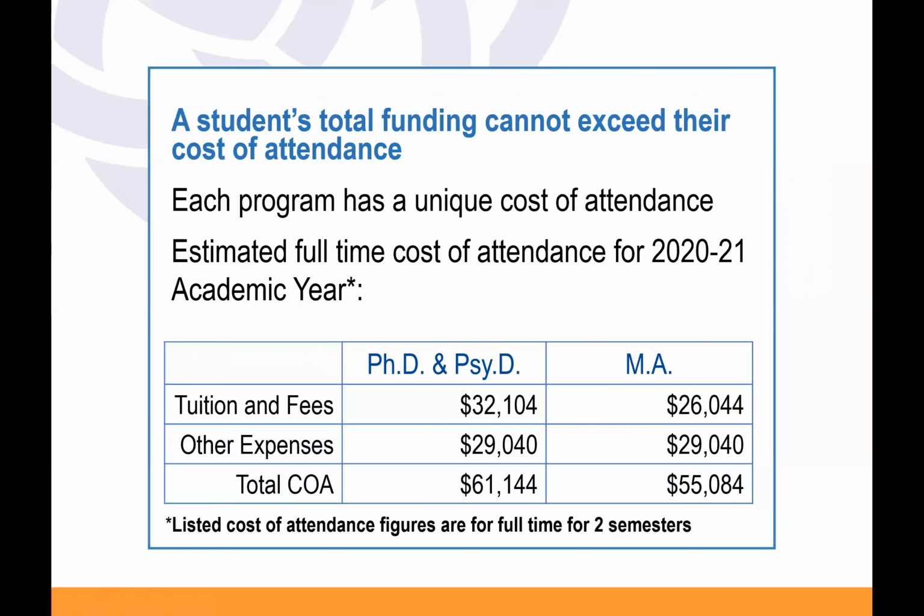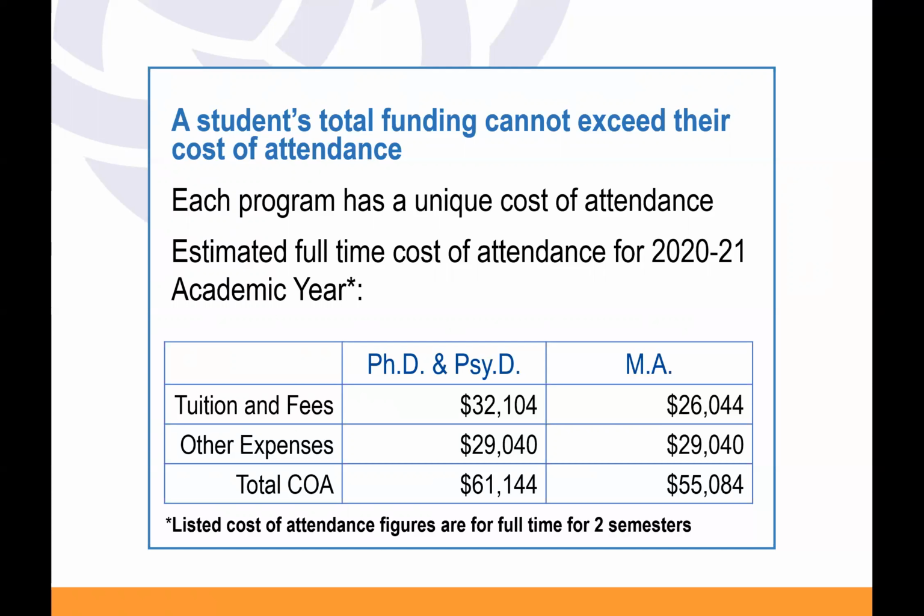For the master's program, the tuition and fees estimate for the year, for the fall and the spring, will be about $26,048. Other expenses, including room and board, transportation, books and supplies, can be on average about $29,040 for the full two semesters. So in total, your cost of attendance is $55,084.